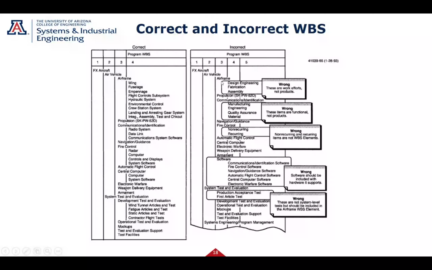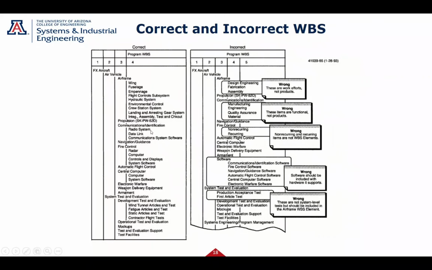Versus over here, if you took the airframe and said design, engineering, fabrication, and assembly, I can't measure that. Those are huge packages for design engineering. I can't make that into nice packages. So you want to watch how you break it down into nice, clear packages.